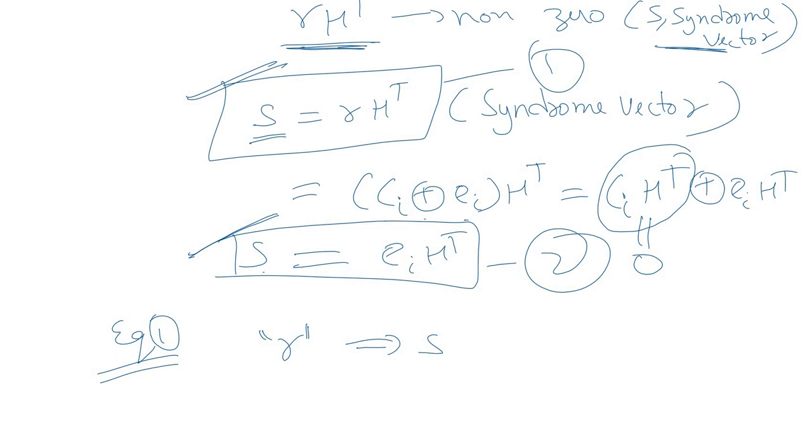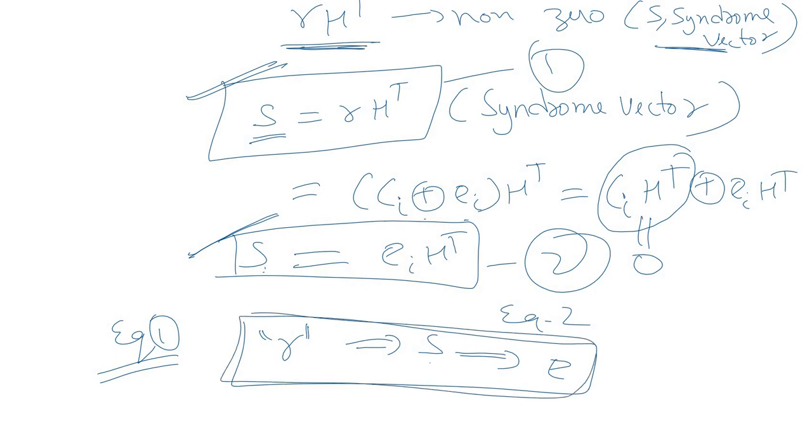And if we have the knowledge of the syndrome vector, using equation 2 we can find the error vector, or you can say the error word.